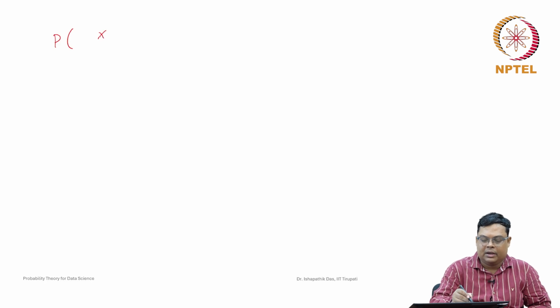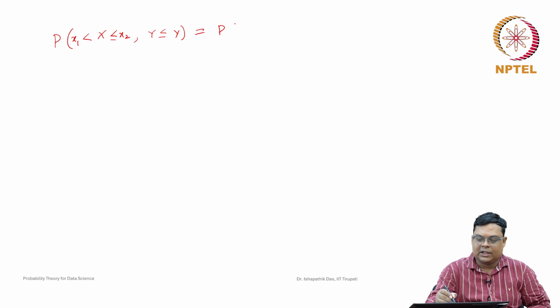The probability that x1 < x ≤ x2, y ≤ y is nothing but the probability that first we write x > x1, this event intersection y ≤ y, this event.